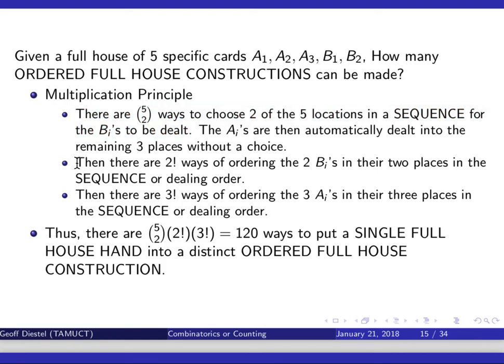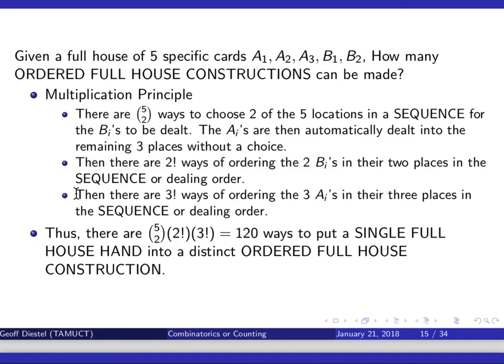Then, because the 2 Bi cards are the same denomination but of different suits, there's 2 factorial ways of arranging them in the order in which we could have gotten them. So even if they came 2nd and 5th, the cards could have come in the opposite order. I could have gotten the 5 of clubs 2nd, and then the 5 of spades 5th, or I could have gotten the 5 of spades 2nd and the 5 of clubs 5th.